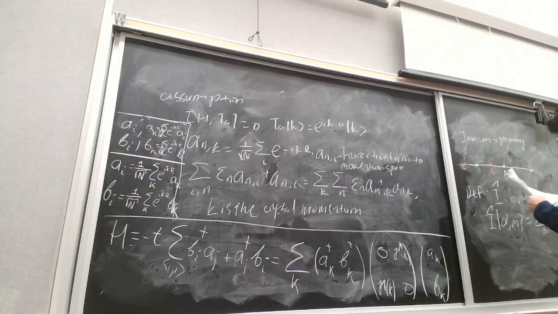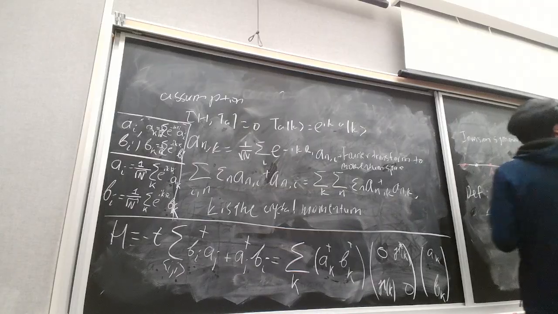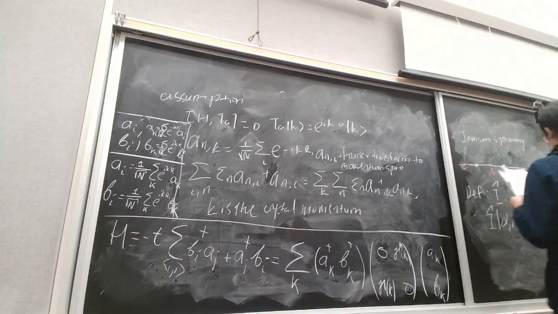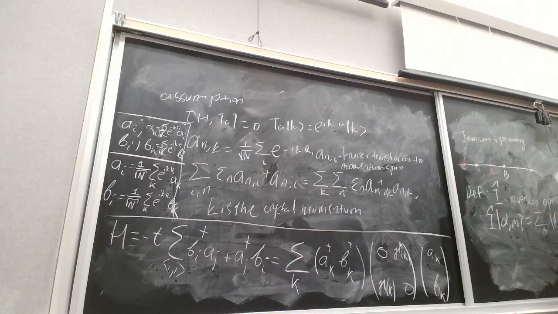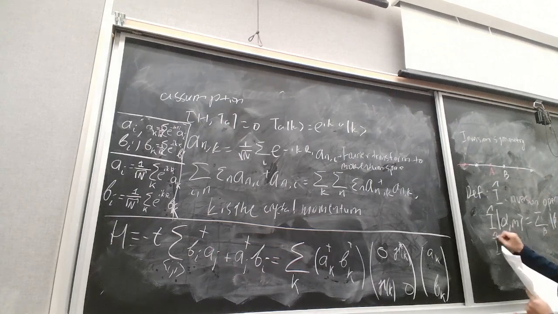And because in one unit cell A and B there are multiple orbitals, we have to sum up all the beta orbitals so that we can define this to be I beta alpha. This is the matrix element.